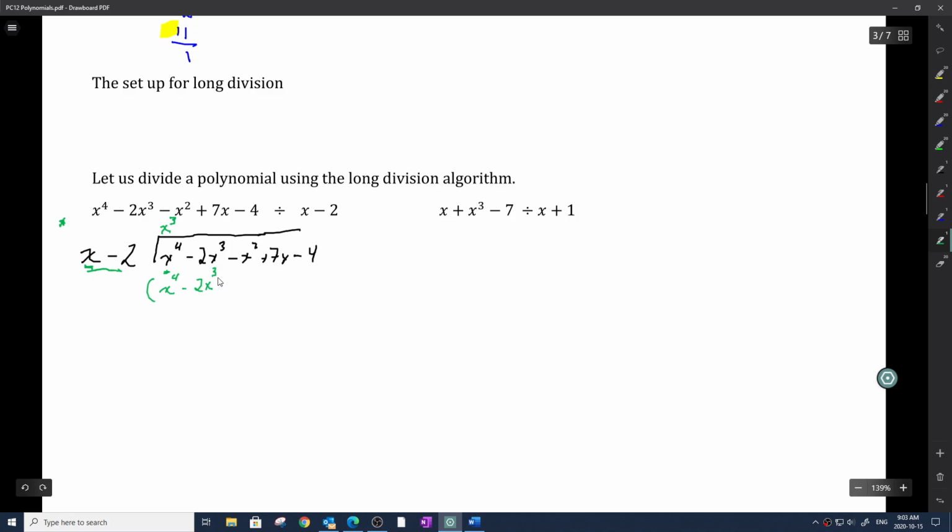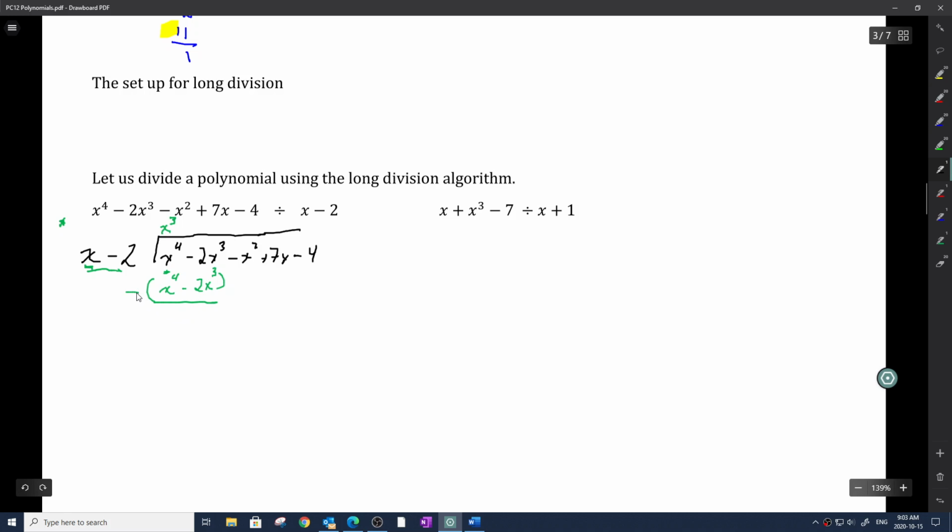Just like long division with numbers, you need to subtract this. Now, I've always claimed that I'm terrible at subtracting, and here, this is what you're sort of seeing. We need to subtract the green from the black.